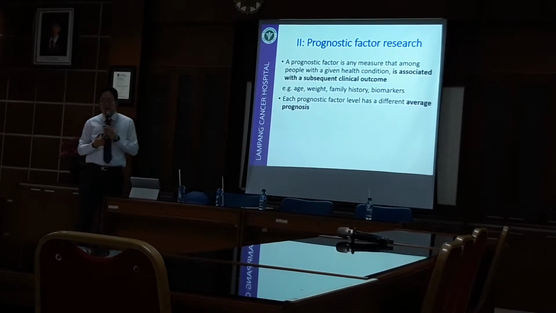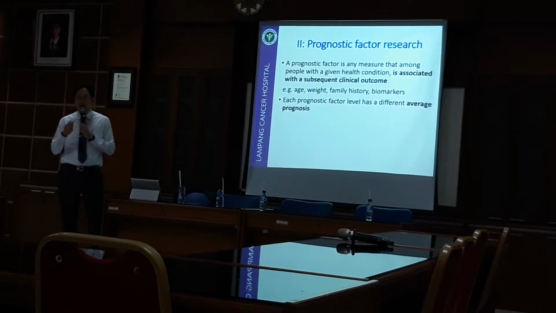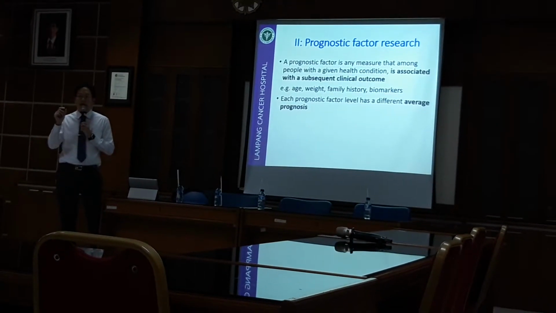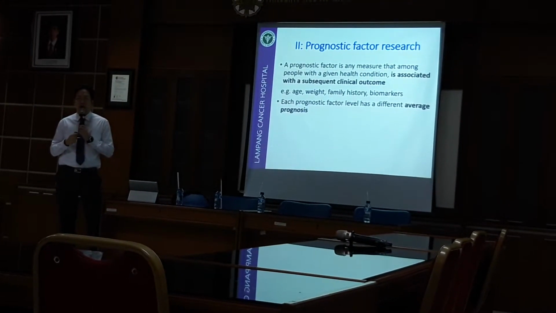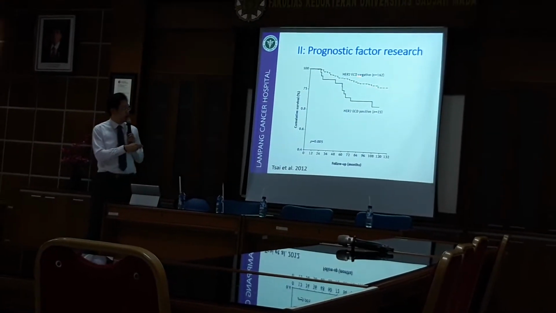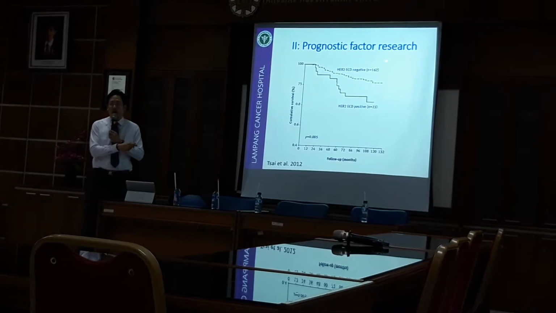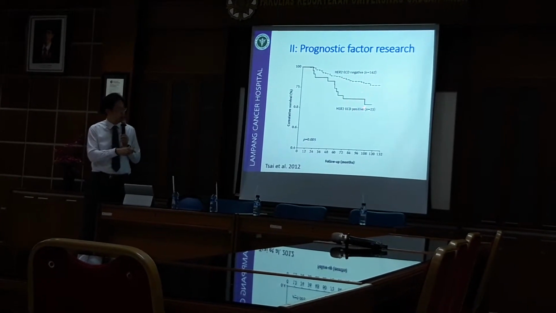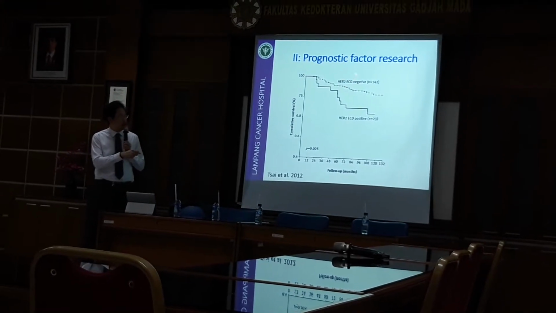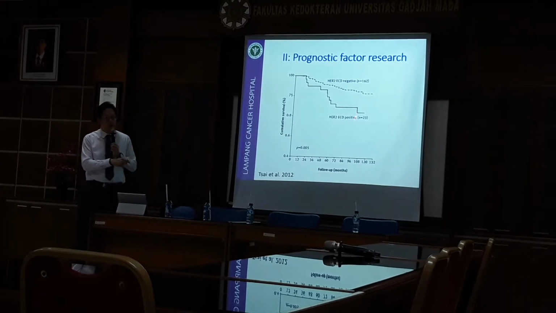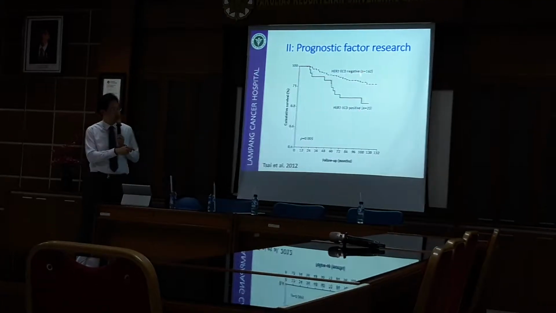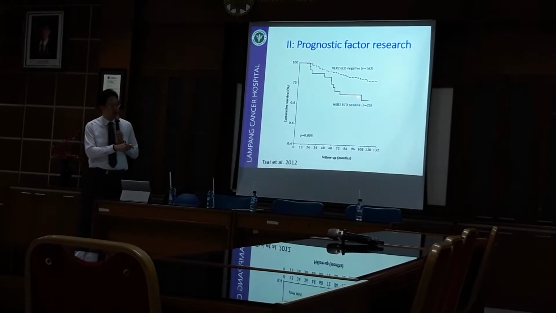Second one is prognostic factor research. This research deals with which factor is associated with poor prognosis or good prognosis. For example, here, the HER2 in breast cancer, you can see this factor has different prognosis. If you have HER2 positive or HER2 negative, HER2 positive has poor prognosis.